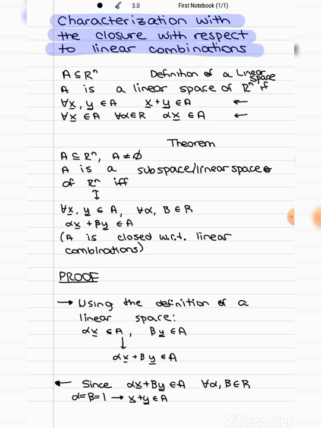And then for the other property, the second one, we want to prove that every vector x by itself, every multiple of x by itself must belong to A. So we want alpha x. And so in order for this to give us alpha x, we need to say that alpha is just going to stay alpha, but beta is going to be equal to 0.